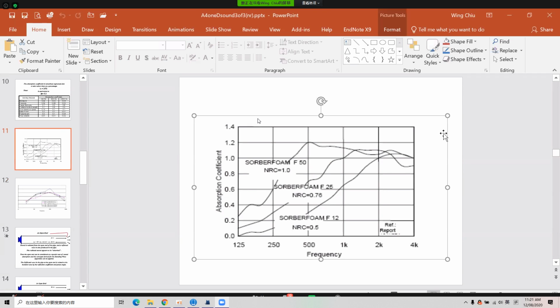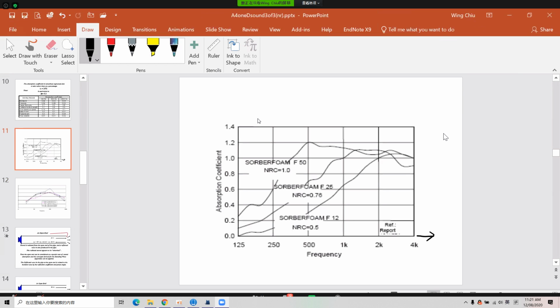What this is telling us is that at higher frequency, this material is able to absorb noise really nicely from this frequency onwards. For this particular sober foam, 25 millimeter thick, this here is the frequency response and how good it is at absorbing noise.